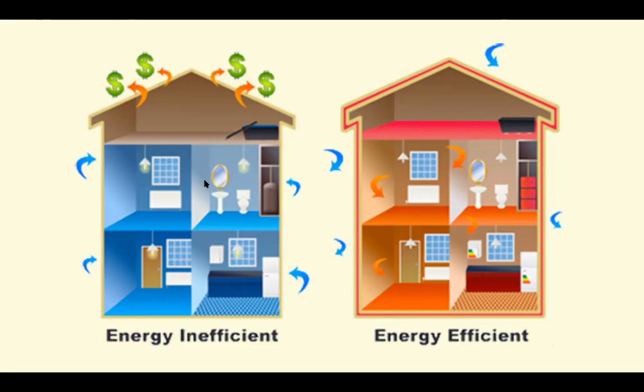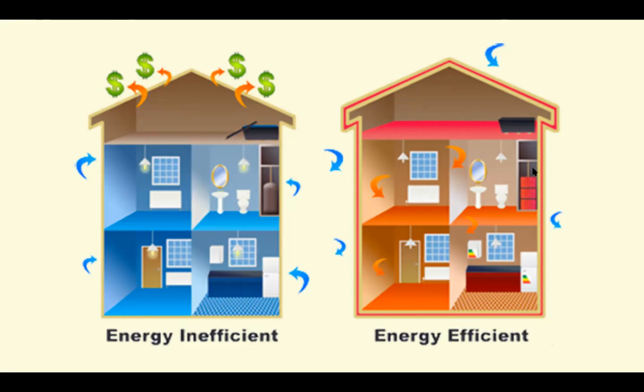Because I want that thermal energy. But what's happening? The thermal energy is leaving the house. And then cold air is coming in. So I turn up the heat even more. So I am wasting energy, wasting money because I keep on turning up the heat, which is electricity, and Hydro's charging me for that.